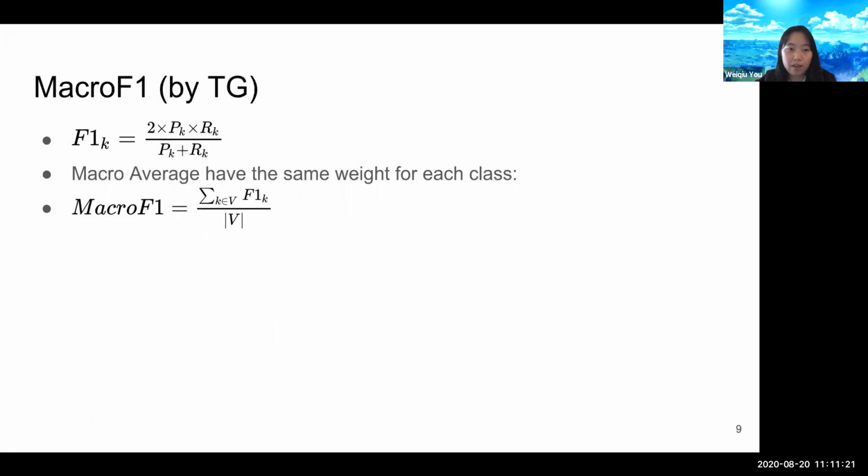And another metric we are using in this project is macro F1, which was done by TG. So macro F1 is just the macro average of the F1 score for each word.